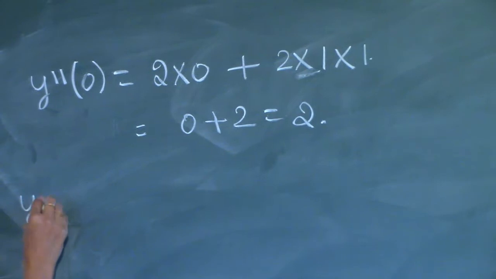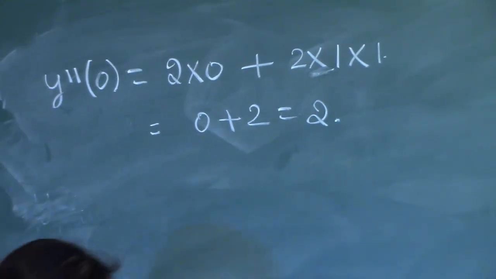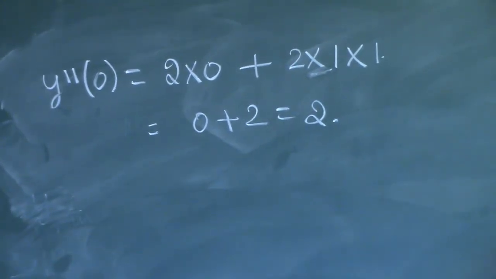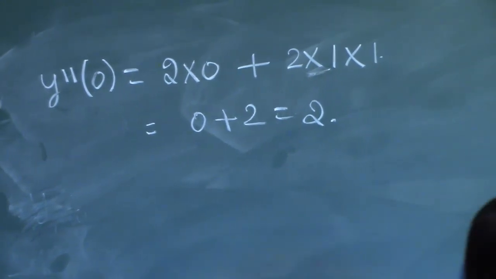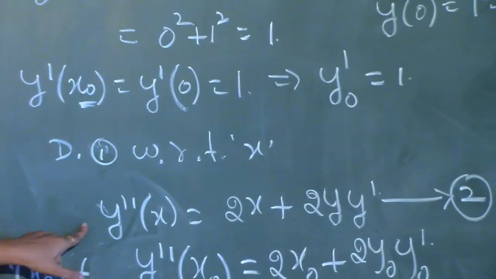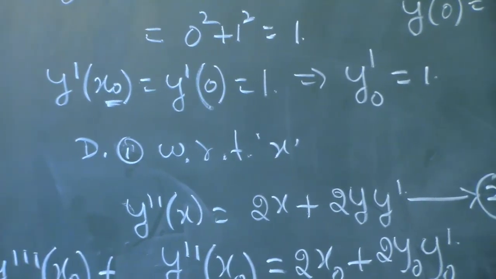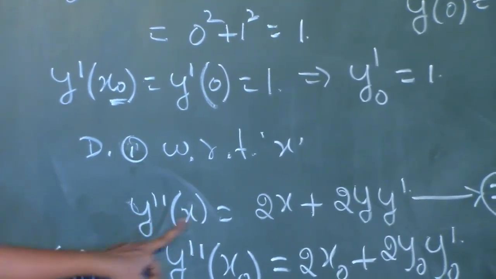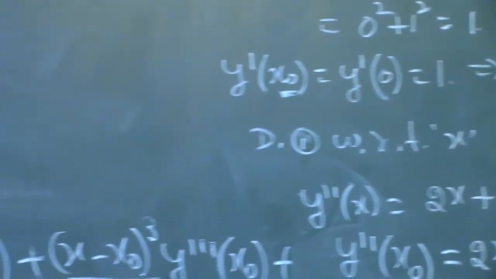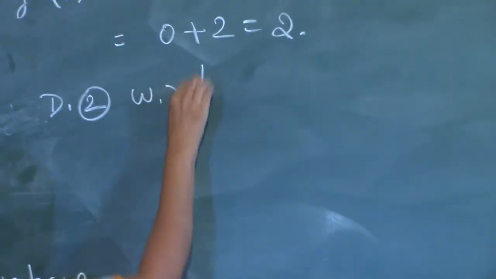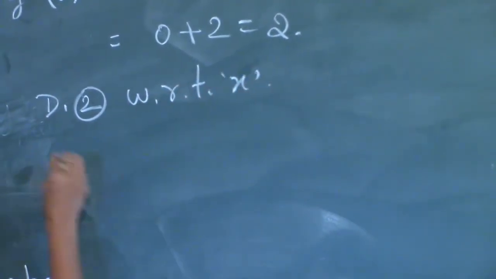Now we need y triple dash of x value. For that, we have to differentiate equation 2 with respect to x. So to find the value of y triple dash of x, we have to differentiate equation 2 with respect to x.